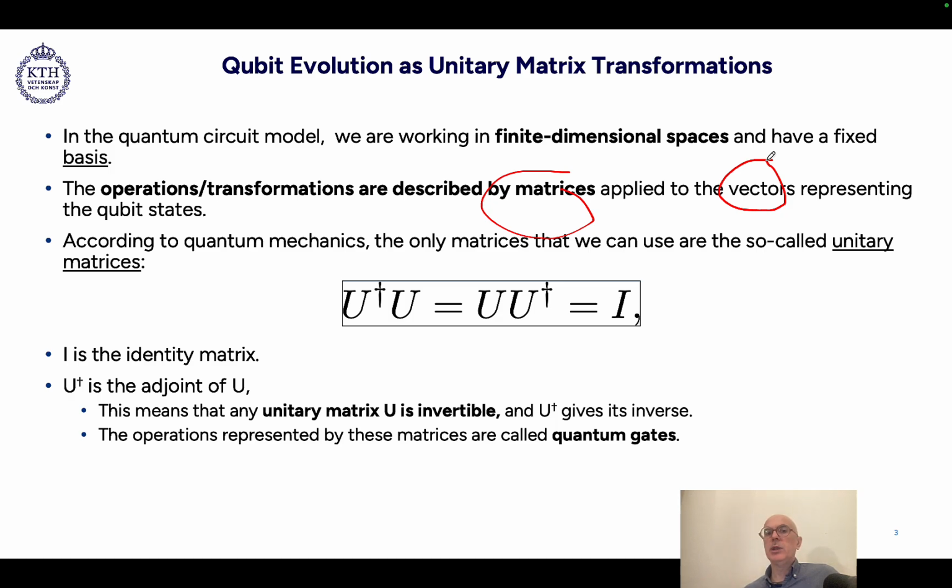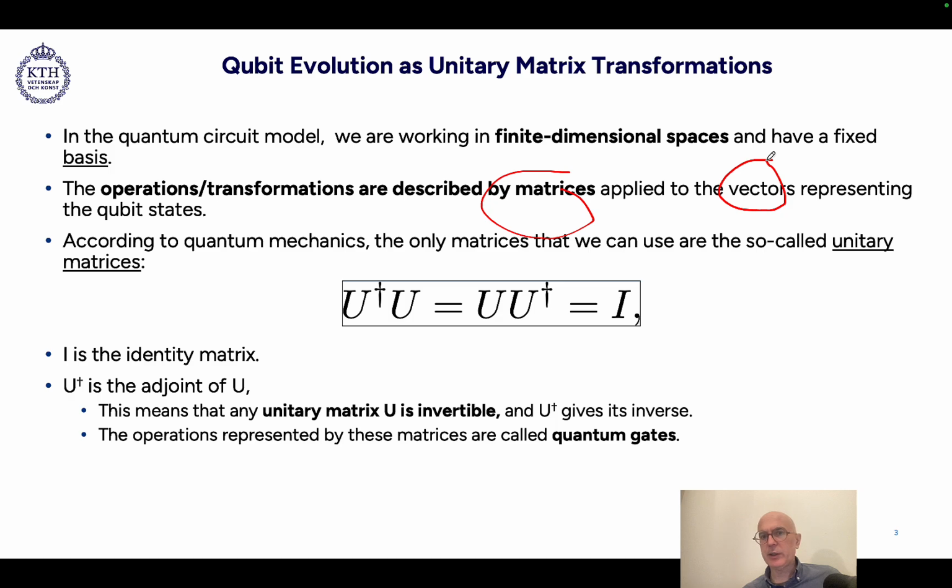According to quantum mechanics, not all matrices are valid quantum transformations. Only the matrices that are unitary can represent a transformation in quantum computing and quantum circuits. So what is the definition of a unitary transformation?